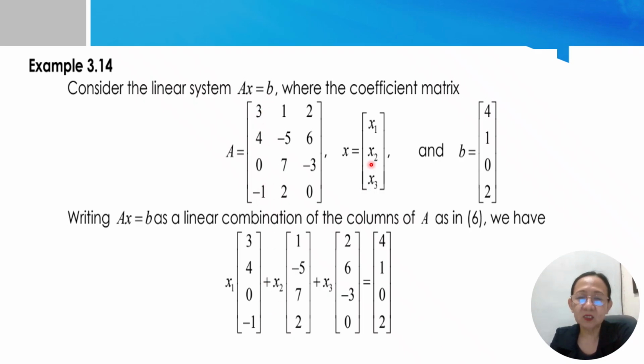And then x sub 2 multiplied to the second column of our matrix A, 1, negative 5, 7, 2. And lastly, x sub 3 as the third variable will be multiplied to the last column of our matrix A, 2, 6, negative 3, 0, is equal to the constants 4, 1, 0, 2. So this is what we call the linear combination form.